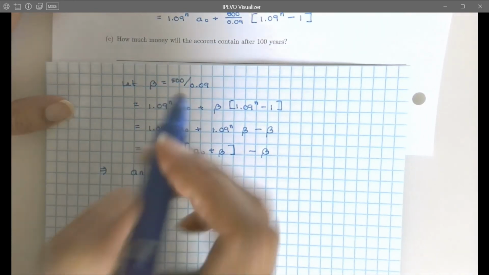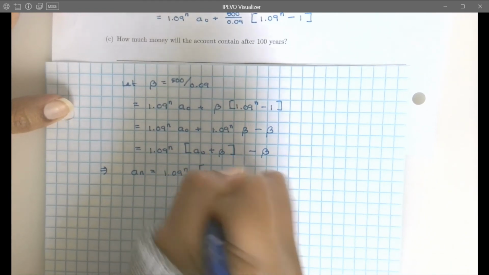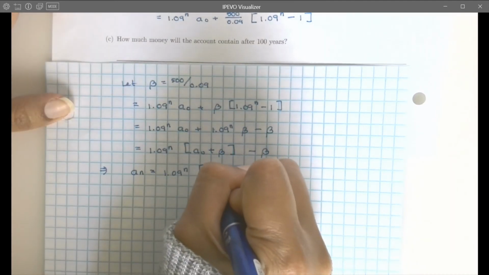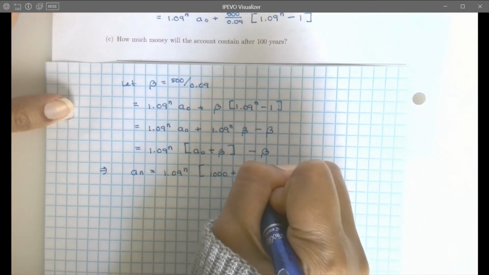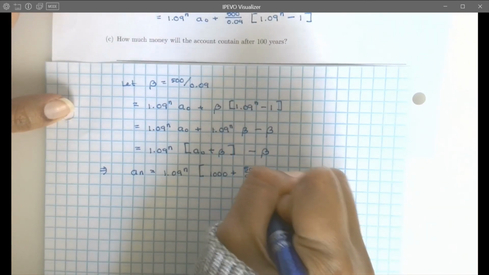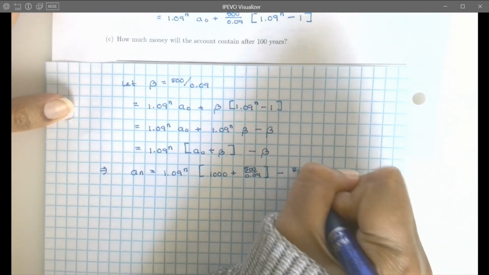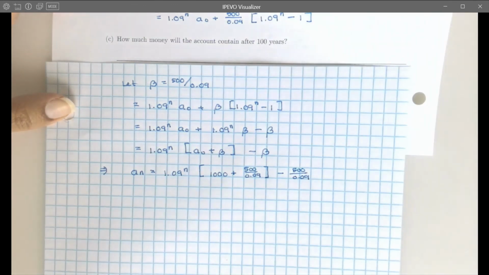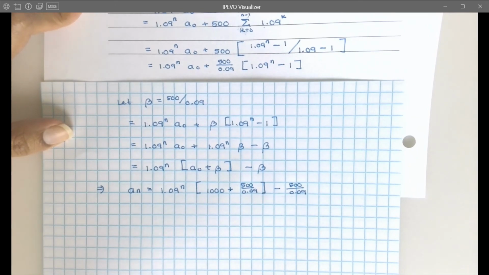A sub n is going to be 1.09 to the n times A0 plus beta minus beta, where A0 is 1000, and beta is 500 over 0.09. And that would be the final answer for part B. That's our explicit formula.